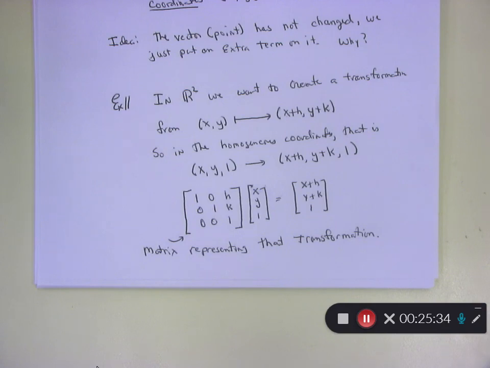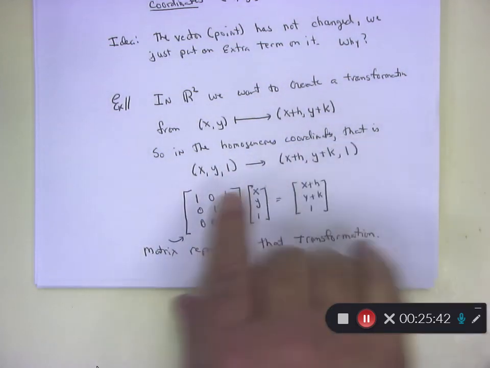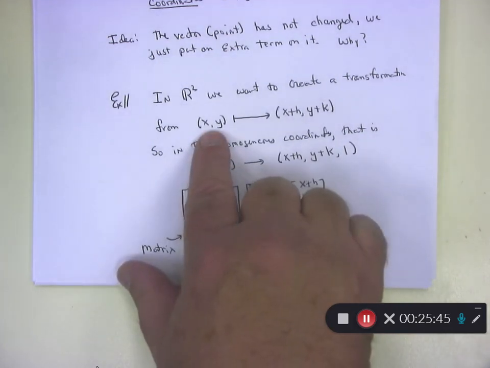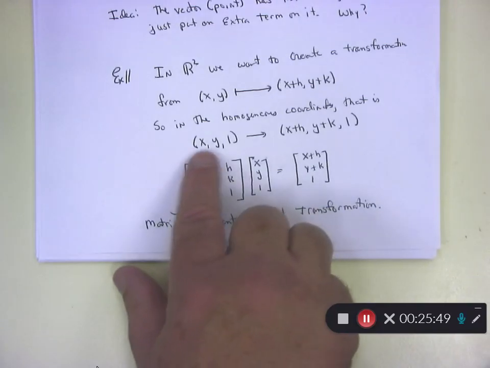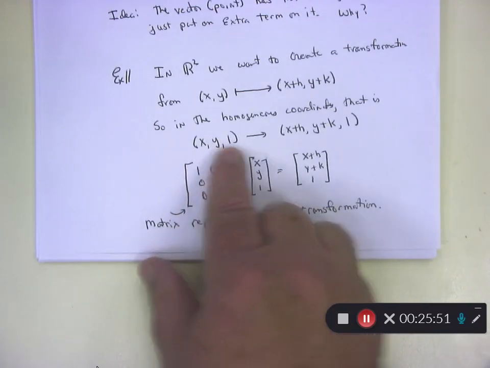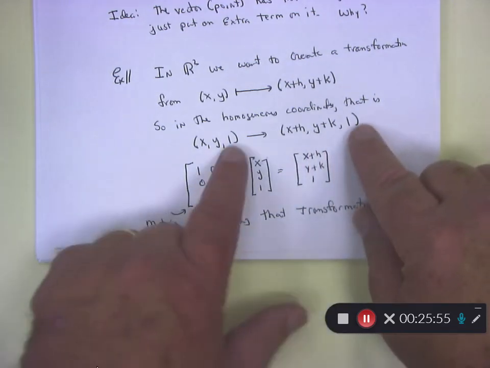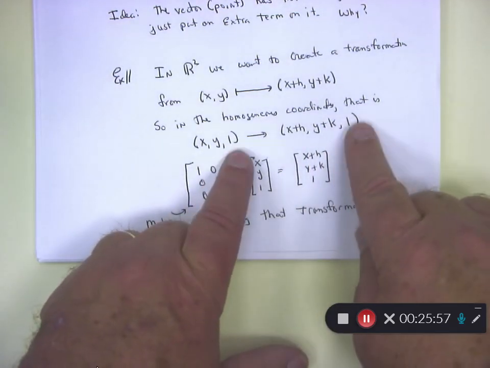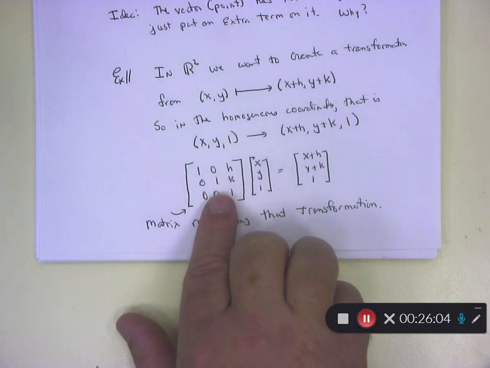Now, how am I going to do this? And I want a transformation that's going to help me do this, okay? So if we look at the homogeneous coordinate system here, instead of looking at x, y, going to x plus h, comma, y plus k, this would be now x, comma, y, comma, 1, going to x plus h, comma, y plus k, comma, 1. That 1 stays the same. That allows me to play in the world of 3D, R3. Does that make sense? So look at this particular matrix right here.